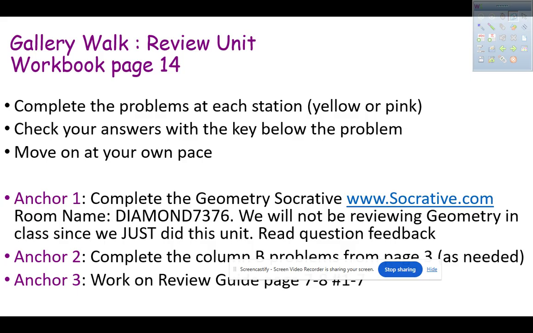All right, yellow 1 is there. Yellow 2 is there. Yellow 3 is there. Yellow 4 is right behind me. Yellow 5 is right behind me. If you're yellow, just stay yellow. If you're pink, stay pink. Otherwise, you can move at your own pace.